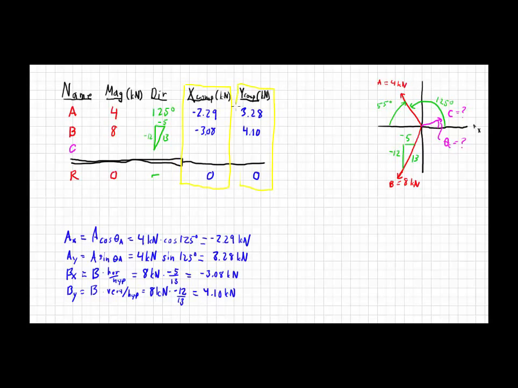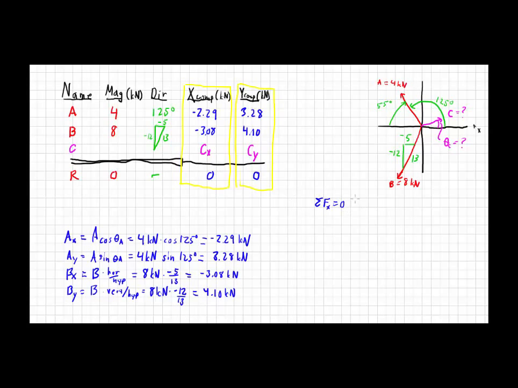And you say, well, we can't fill in C. Well, we kind of can. It's just a variable, so Cx and Cy. And now I just have to write these columns as equations. The sum of the forces in the x direction has to equal 0.